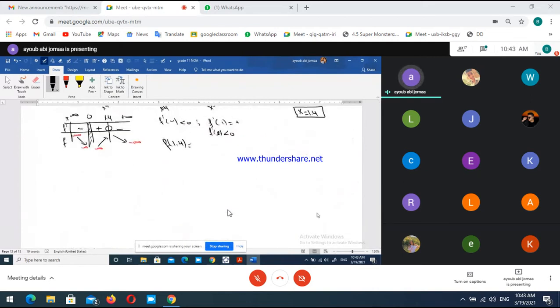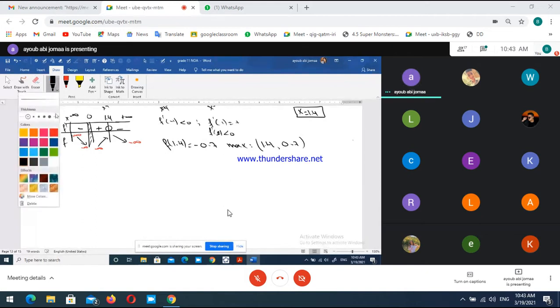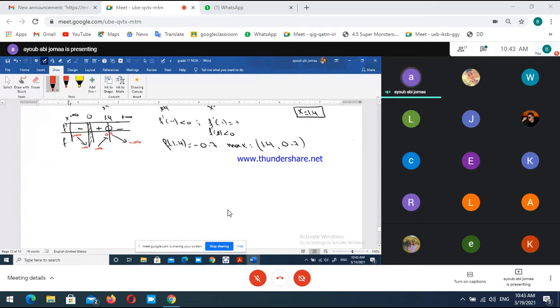So the local maximum is at 1.4, negative 0.7. This is the maximum.